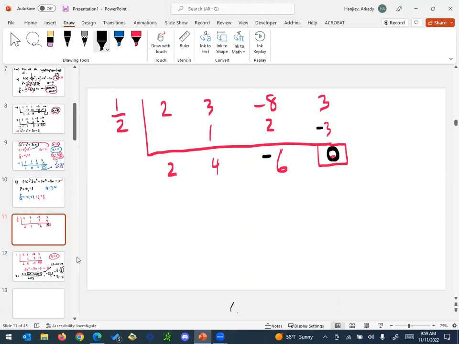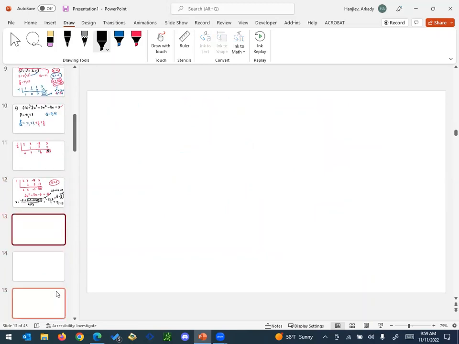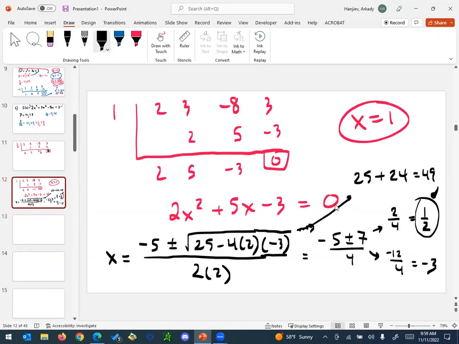It should have been a solution, right? We got one half right over here. So the answers are x equals 1, x equals 1/2, and x equals -3. There are my answers.